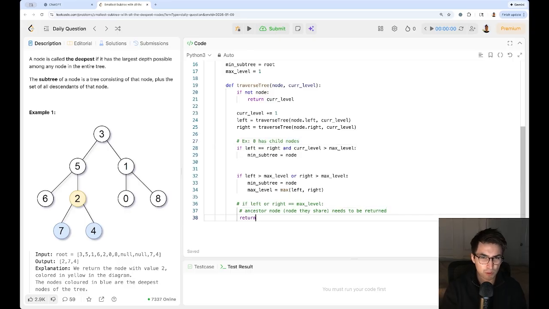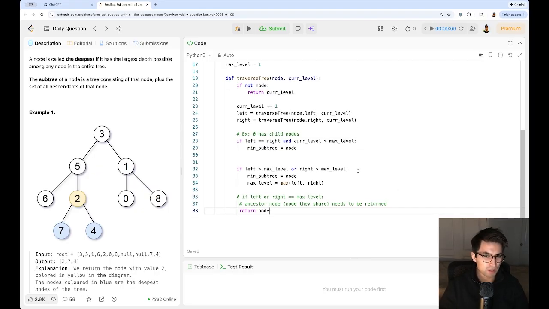And then we'll say we return the node. Is that right?